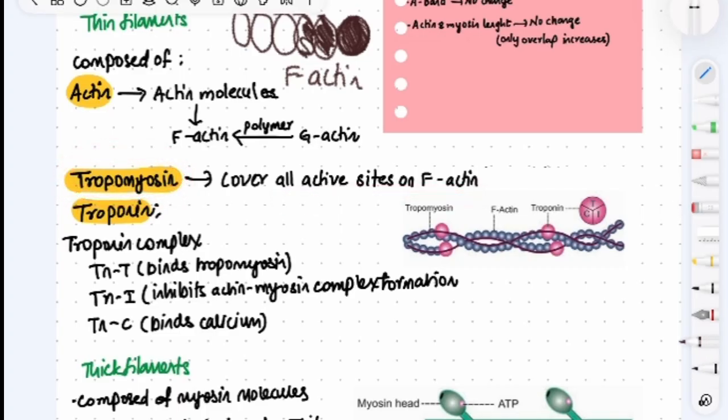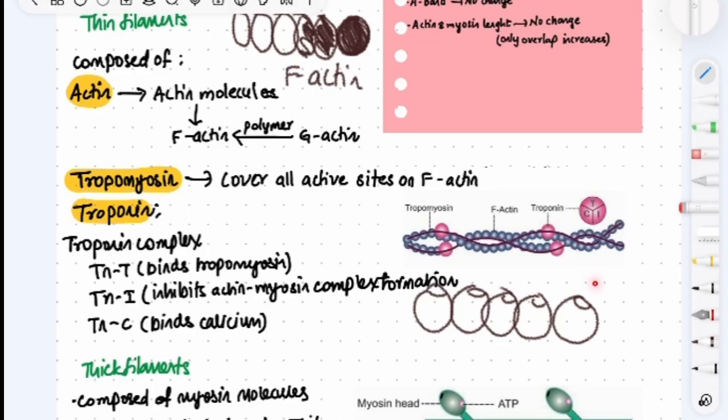When G-actin gets polymerized to form F-actin, on F-actin we have some active sites. These active sites are the sites where the myosin head binds in muscle contraction. We'll talk about it later. So just remember, F-actin has active sites on it.